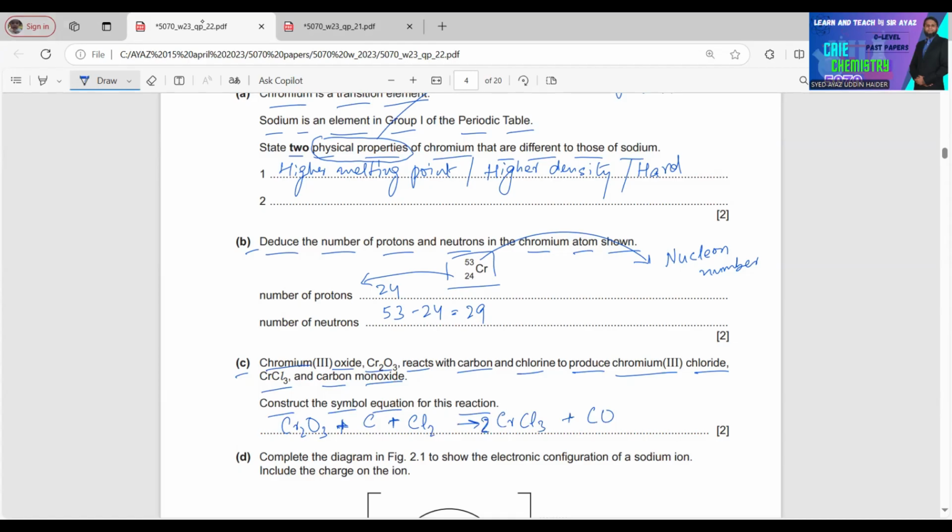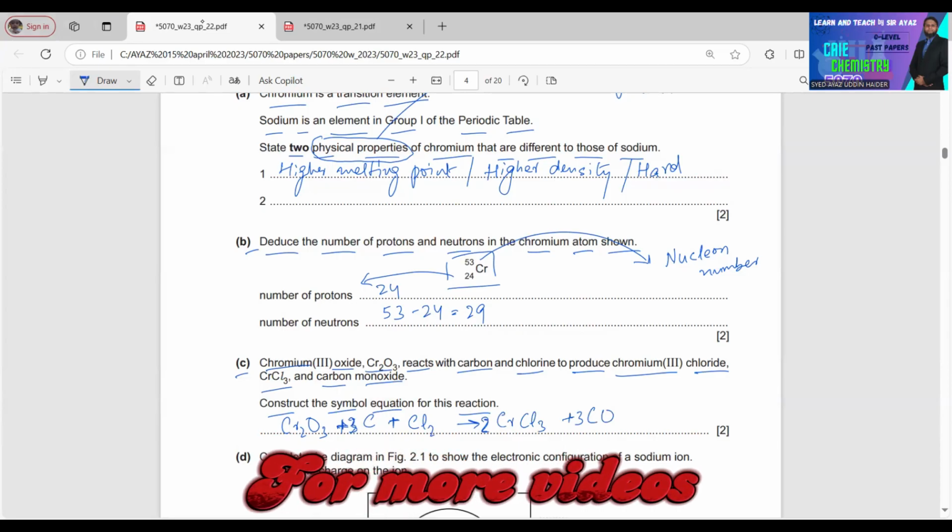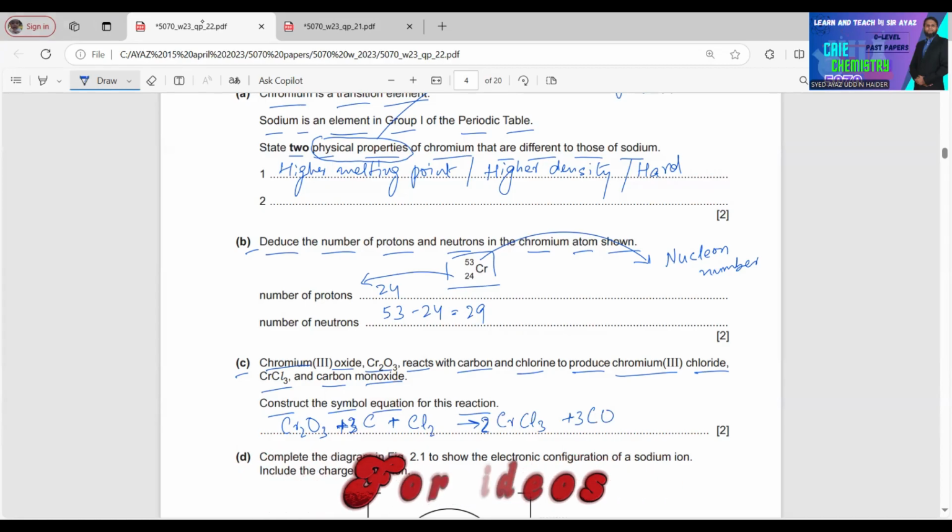Oxygen is 3 on the reactant side and 1 on the product side. If I place 3 before CO, oxygen is also balanced. Now what about carbon? We need to put 3 before carbon, 3C. What about chlorine? 2CrCl3 means we need 3 moles of Cl2. Now this equation is balanced.